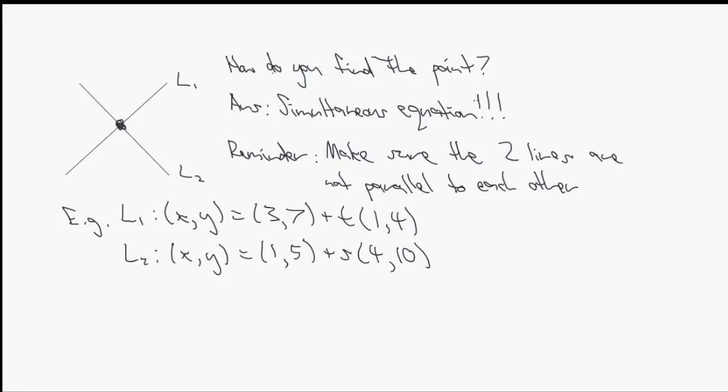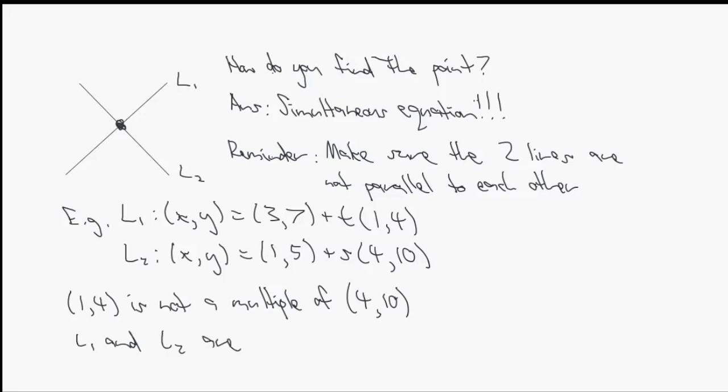By looking at this, we can clearly tell that 1, 4 is not a multiple of 4, 10. Therefore, line 1 and line 2 are not parallel to each other.